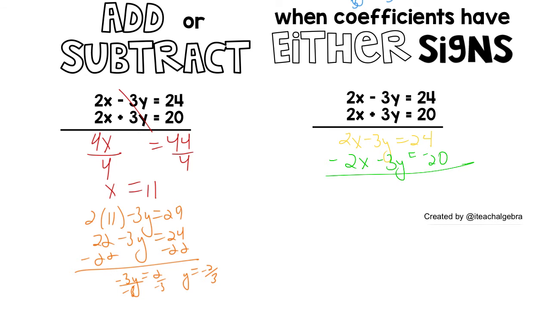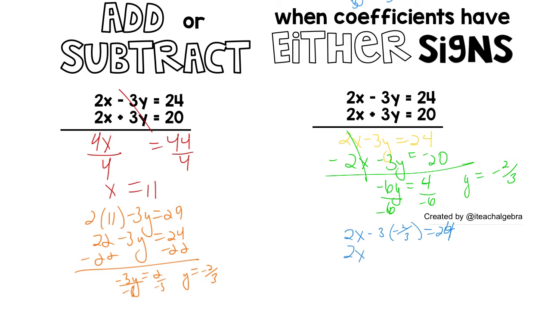Now, 2x minus 2x will cancel, and that'll be negative 6y is positive 4. Divide both sides by negative 6. So y is negative 2/3 once I simplify. Plug that into my equation for y, and I get 2x minus 3 times negative 2/3 equals 24.